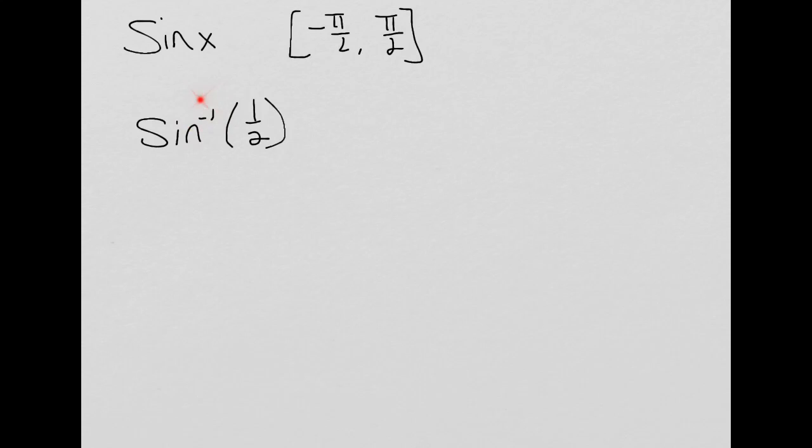Again, this superscript of a negative 1 is going to indicate the inverse, or you'll sometimes see this written as arc sine of 1/2. The arc prefix and the negative 1 as a superscript indicate the same thing. Your calculator might have this, it might have this.